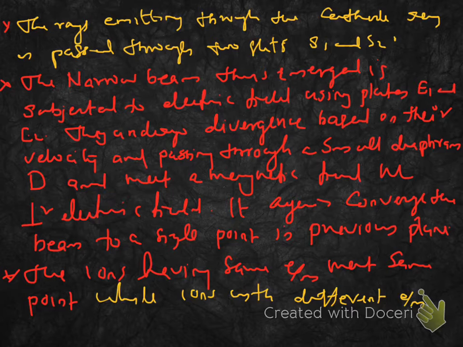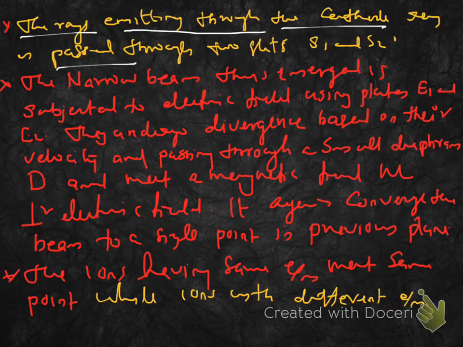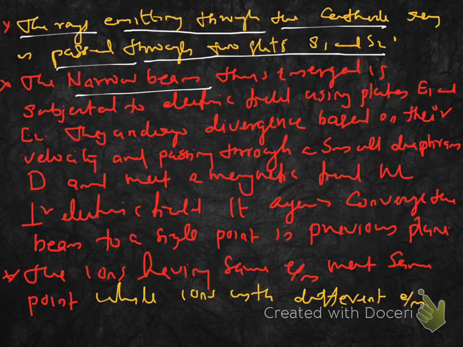The experimentation part can be summarized like this. The rays coming out of the cathode ray tube or discharge tube pass through two slits S1 and S2. The thus formed narrow beam is subjected to electric field using plates E1 and E2.